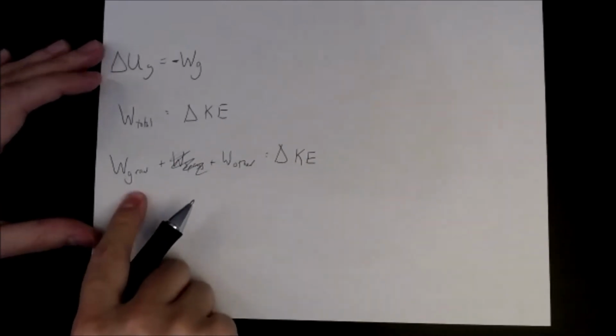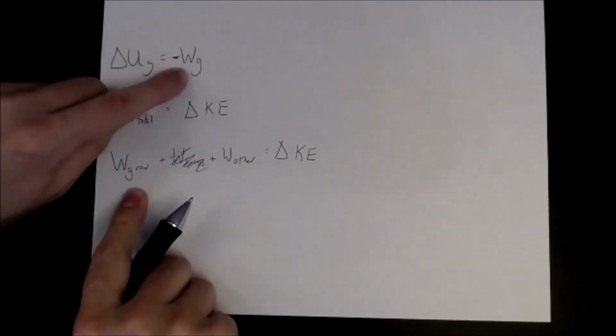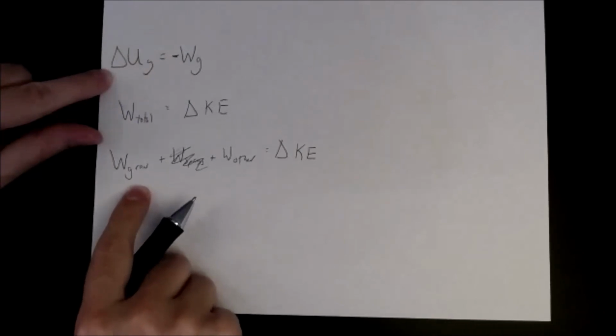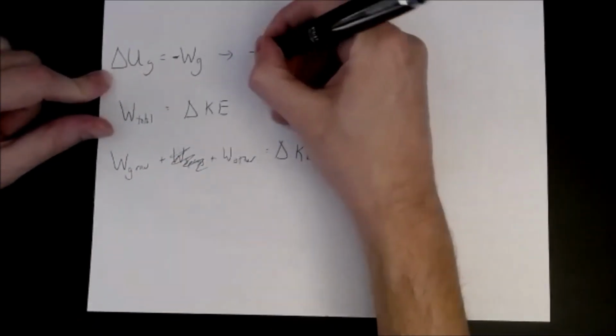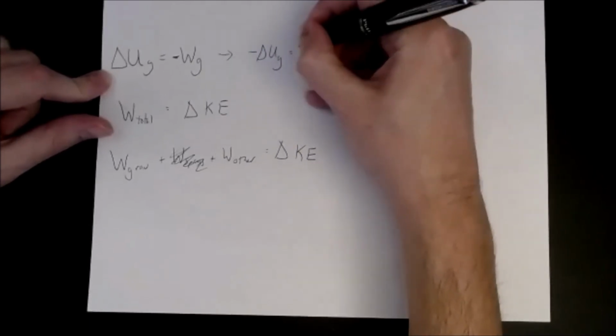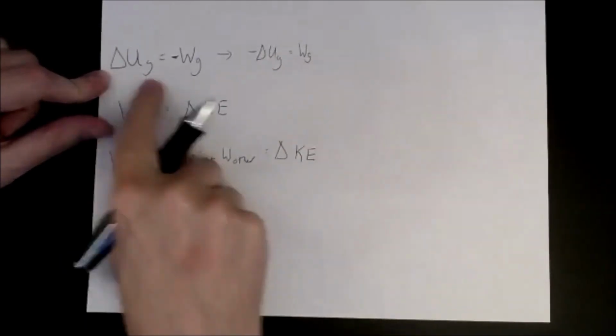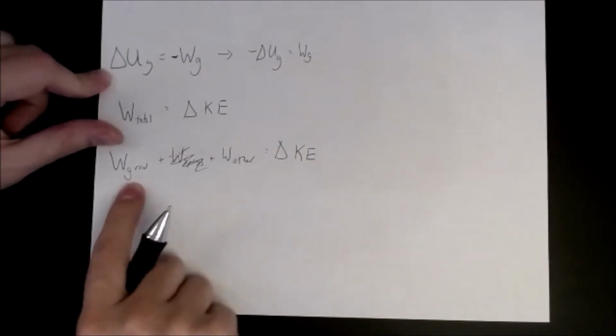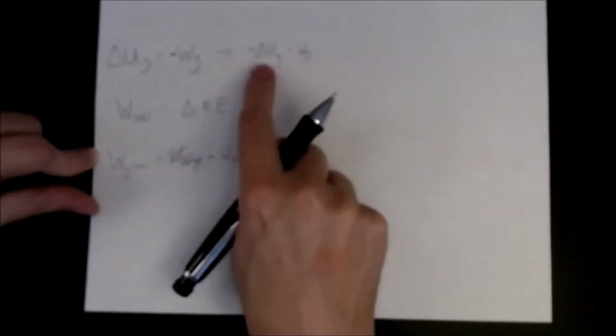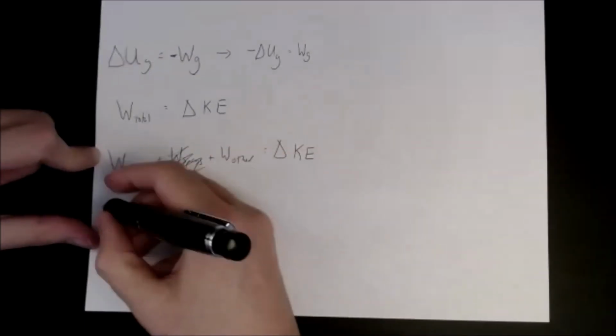The negative of the work due to gravity is equal to the change in gravitational potential. So I can change this to negative delta Ug is equal to positive work due to gravity. I just moved around where the negative sign is. I'm going to change this work due to gravity into negative delta Ug.